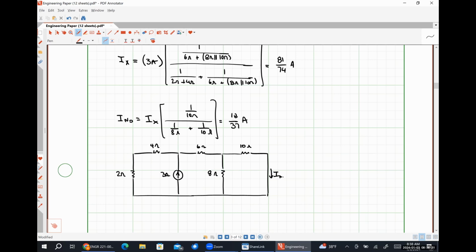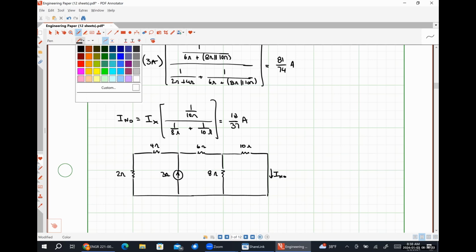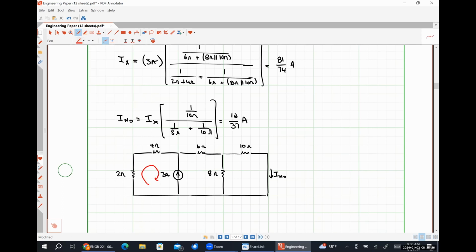This current is I Norton. I1, I2, and I3. So we can see directly that I Norton is the same thing as I3.